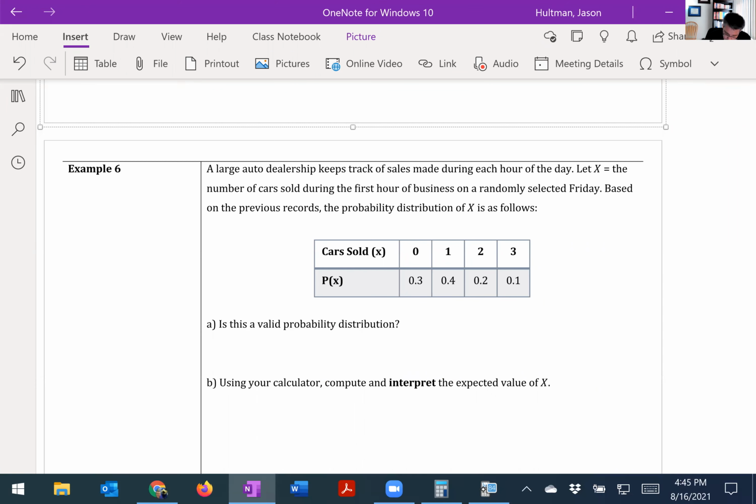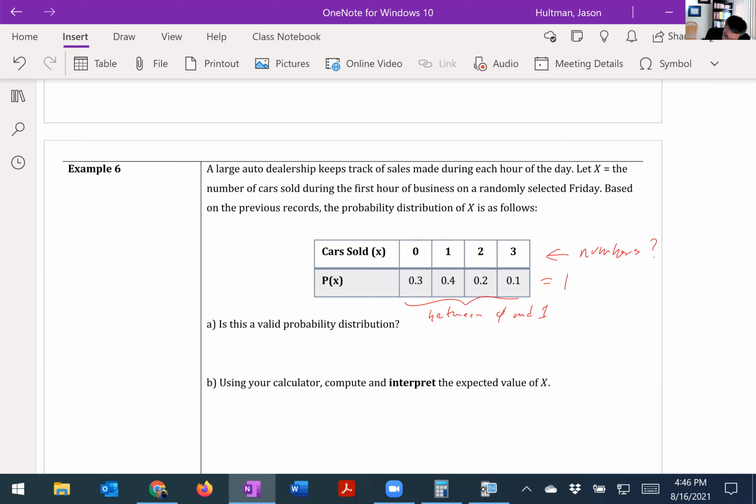Is this a valid probability distribution? Well, are the X values all numbers? Is it quantitative? Yeah. Are all the probabilities between 0 and 1? Yep. And what do they add up to? Do they sum to 1? 0.3 plus 0.4 is 0.7, plus 0.2 is 0.9, plus 0.1 is 1.0.